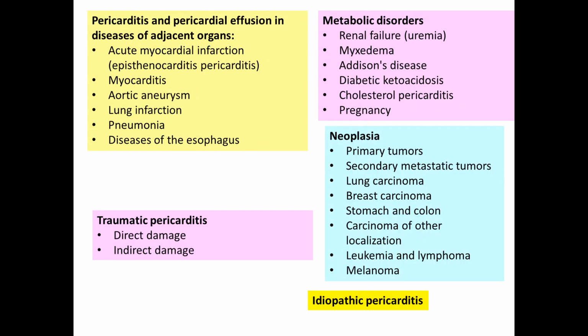syndrome. The pericardium may be damaged because of diseases of adjacent organs, like acute myocardial infarction, myocarditis, aortic aneurysm, lung infarction, and pneumonias.